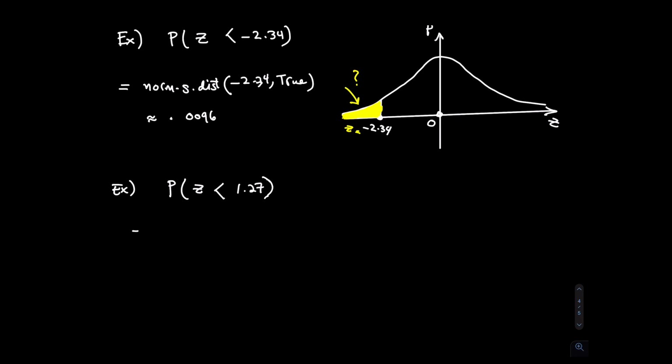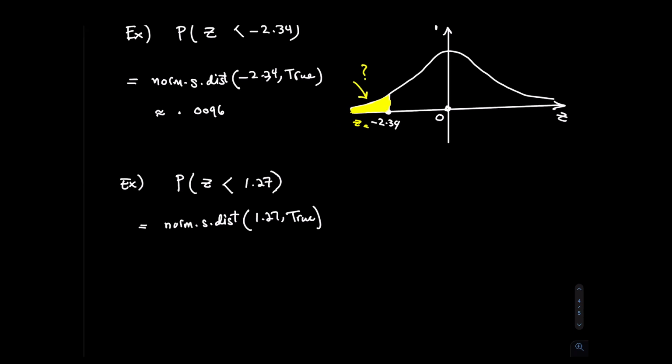So that will just be equal to norm.s.dist of 1.27 comma true. And if you type that, you should get, to 4 decimal places, 0.8980. So about 90%. It's pretty high.